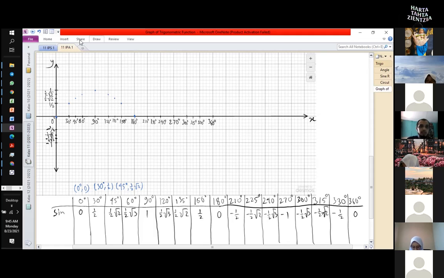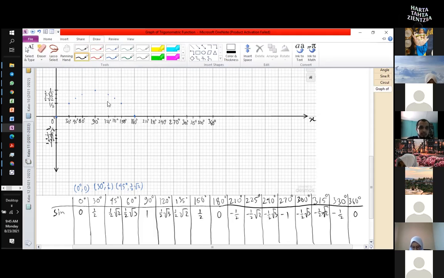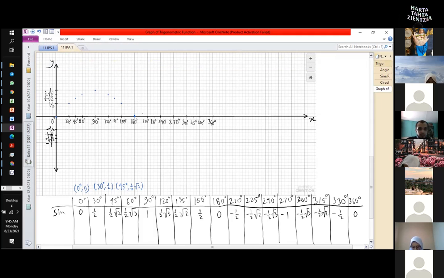Okay, so next point is 210 degrees, comma negative 1/2, so it's here. And then, sorry, this should be 225. So it's here. Around here.